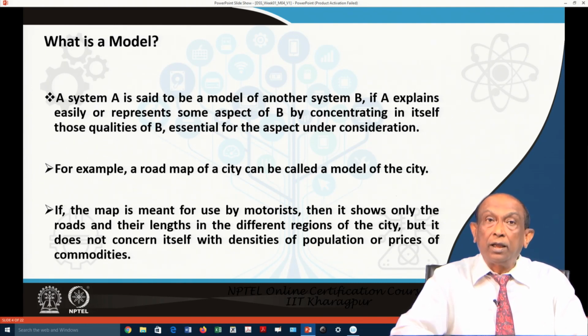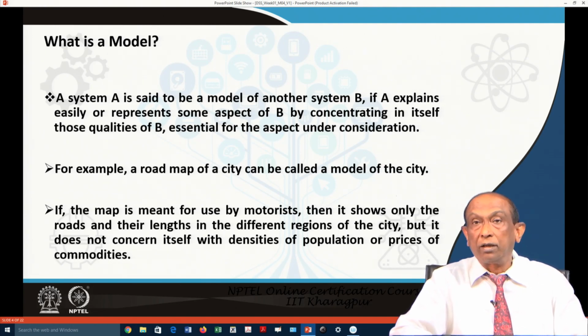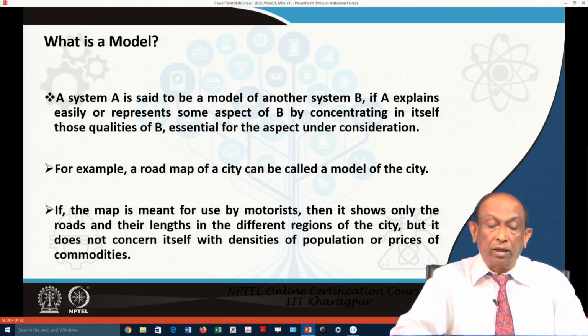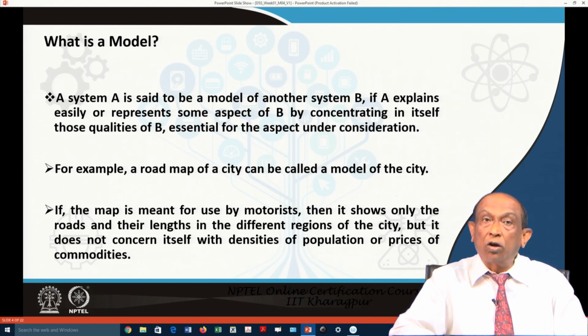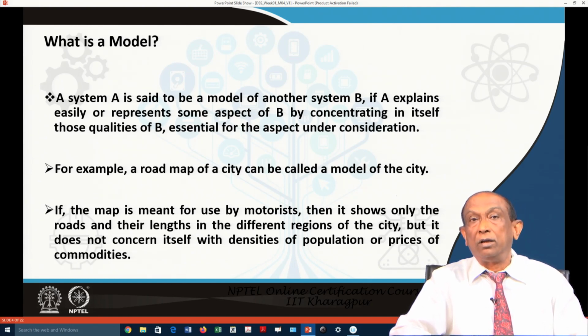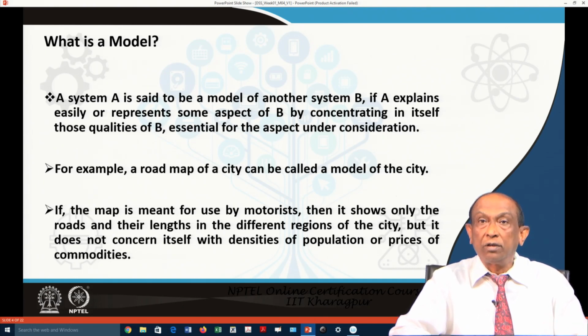If the map is meant to be used by a motorist, then it shows only the roads and their lengths in different regions of the city, but it will not concern itself with the population density or the price of commodities, because they are not relevant with respect to the problem in hand.